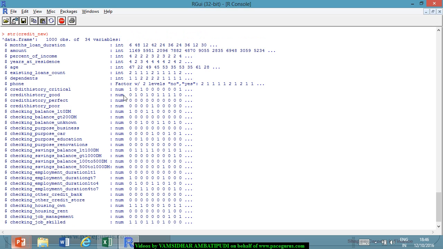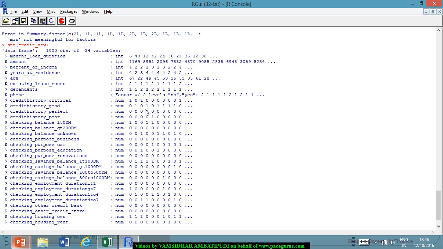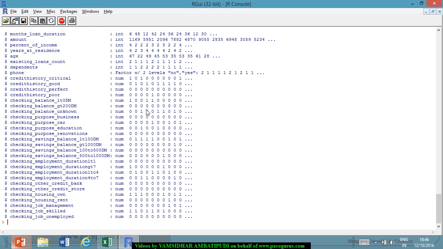All our numbers are okay. The phone is still a factor, so it's better that I convert the phone also before I apply this process.